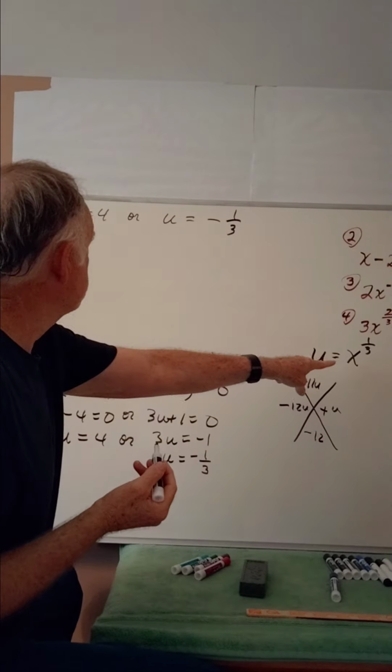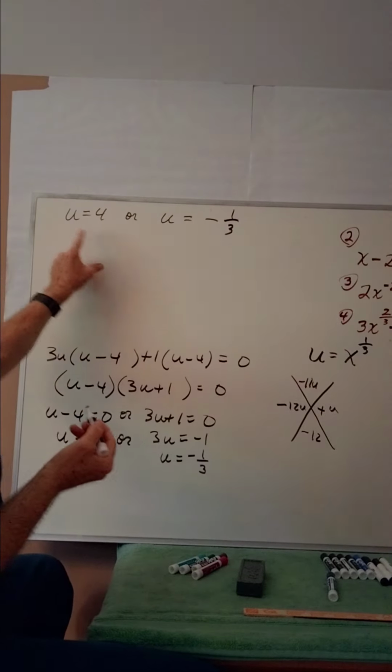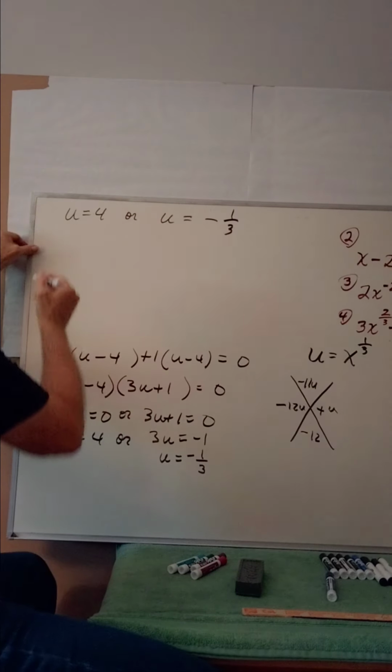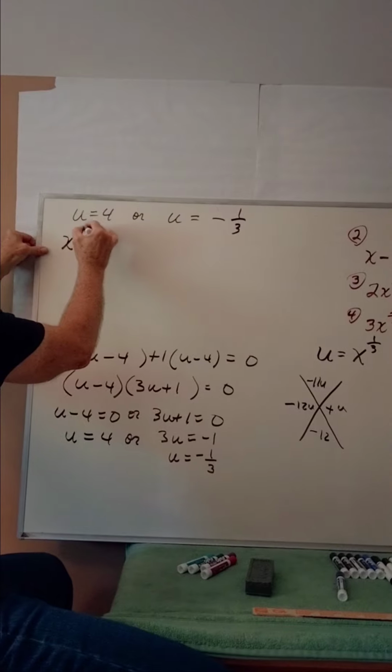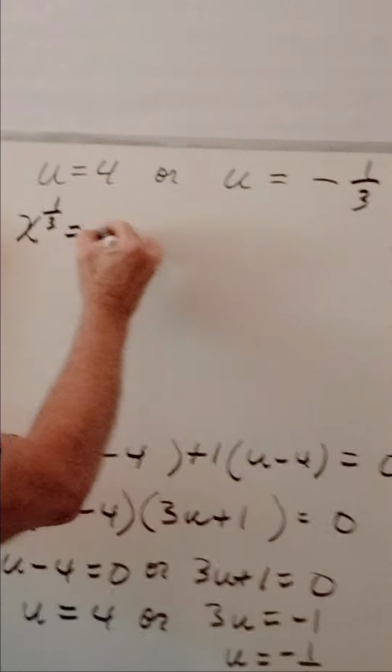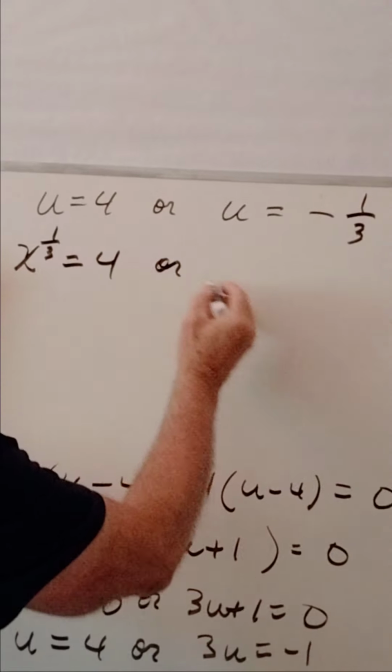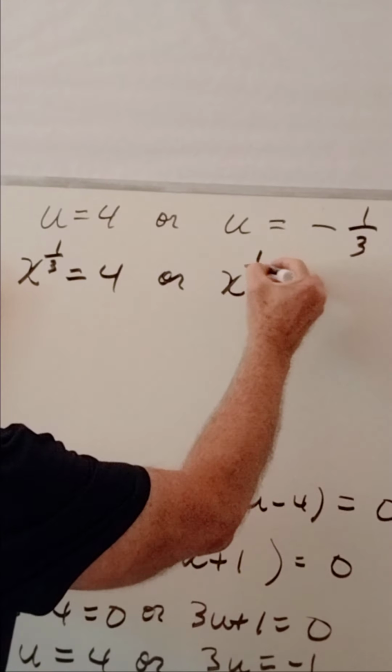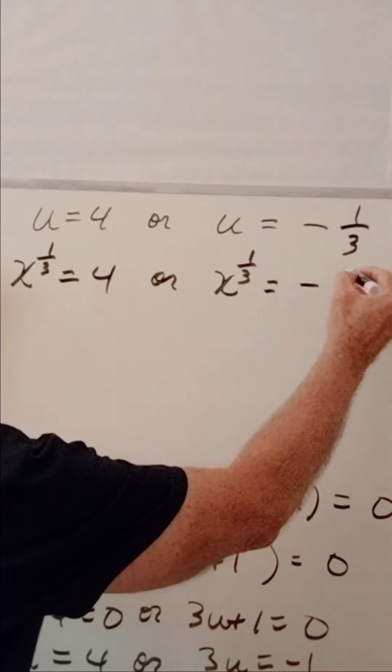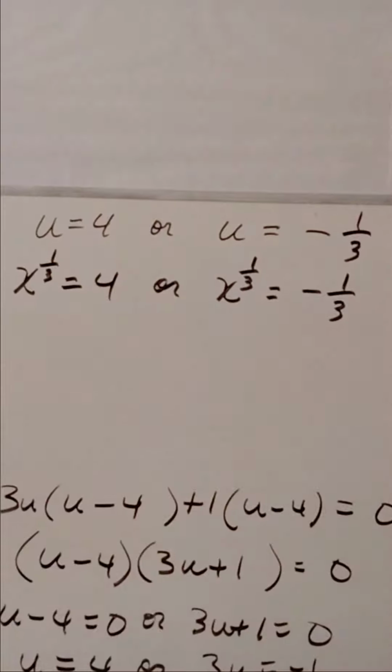Now we'll back substitute. In place of u, x to the 1/3 is equal to 4, or x to the 1/3 is equal to -1/3.